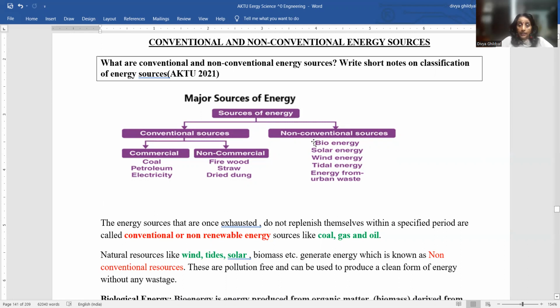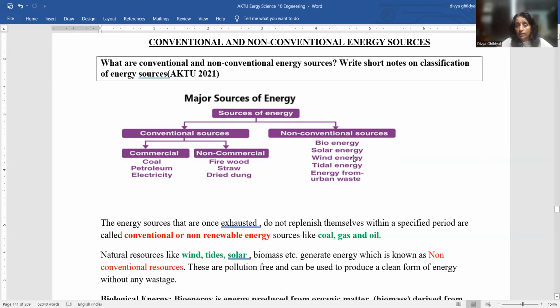The non-conventional sources are the ones which are more dependent on nature. They are pollution free and a cause of a clean environment, because here energy is obtained without any wastage.